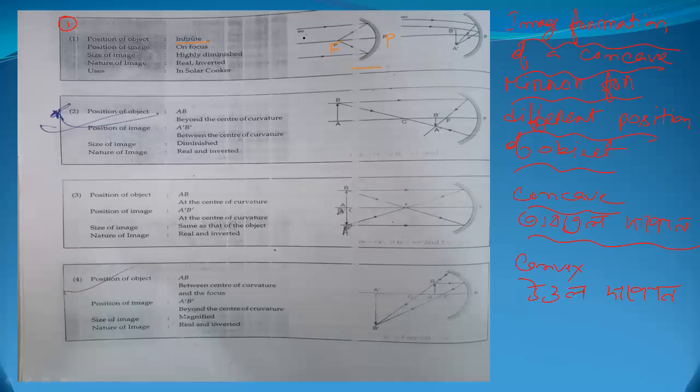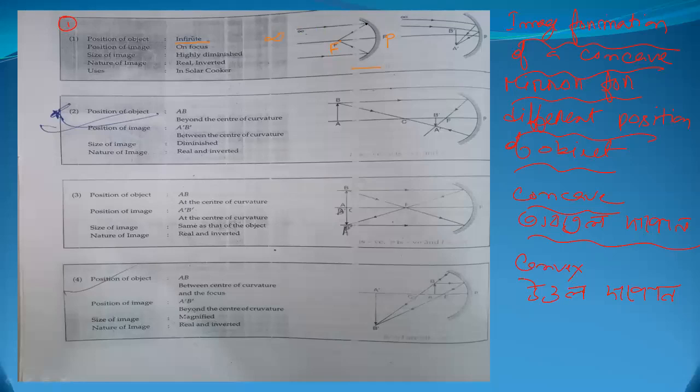We don't know the position of the object, it can be anywhere. That's why it is given infinity, that means it can be anywhere. Now suppose a ray is coming, the ray will be parallel to the principal axis.